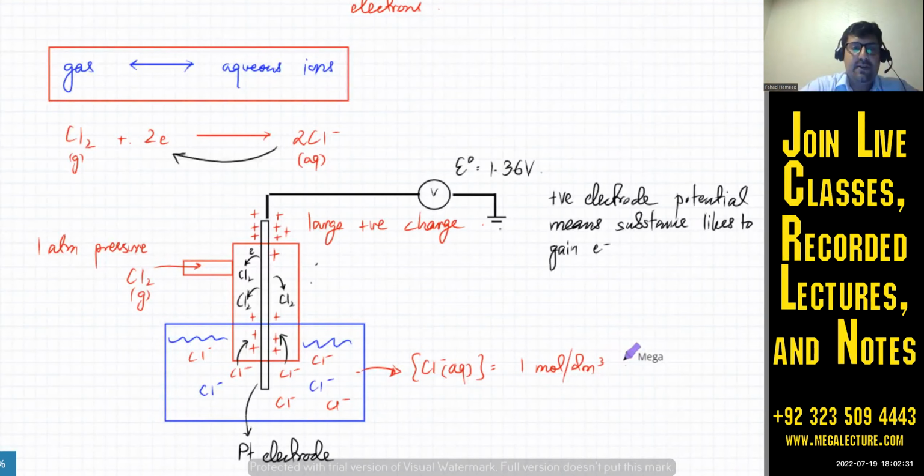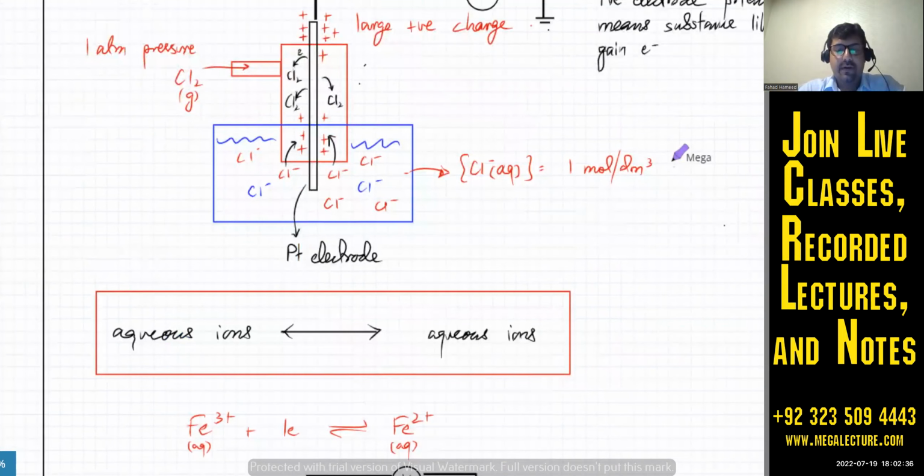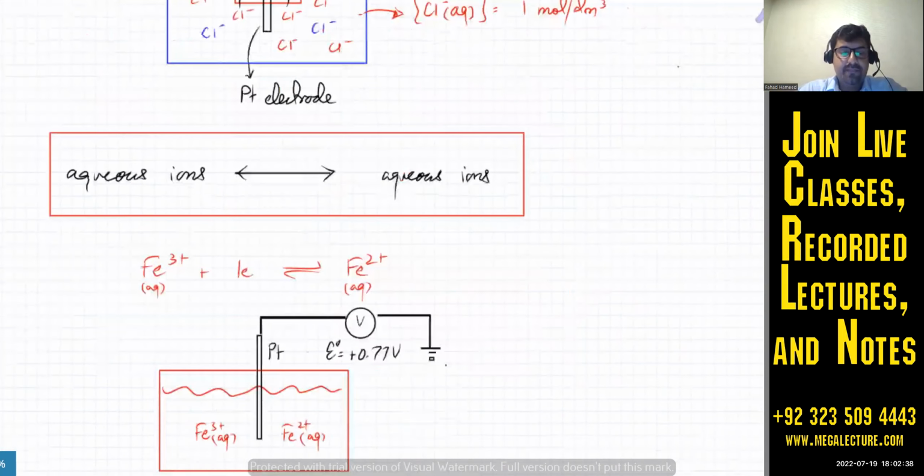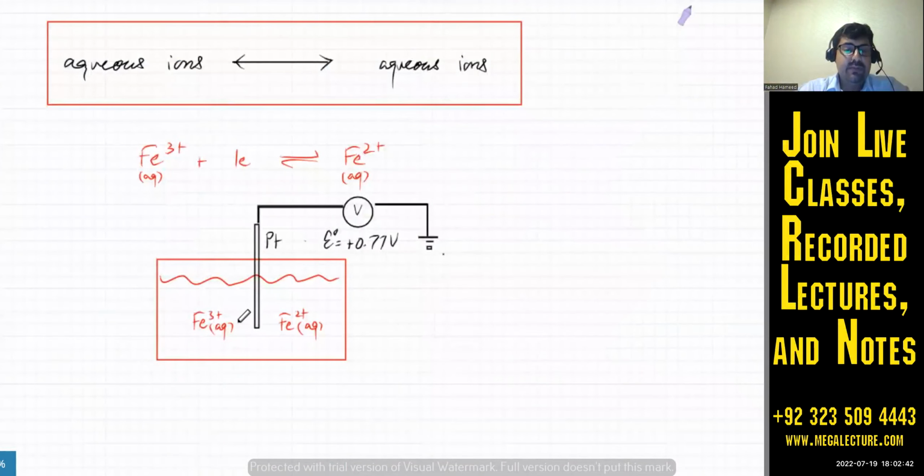And then similarly, you've got aqueous ions only, right? In aqueous ions, both ions will be added to the solution. The concentration of all the ions will be 1 mole per dm cube if you want to measure the standard electrode.